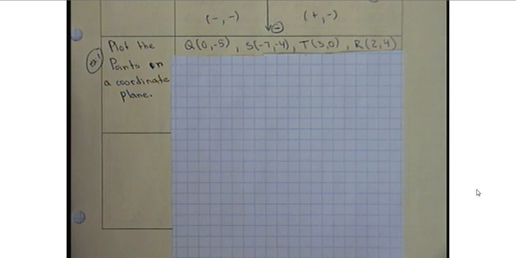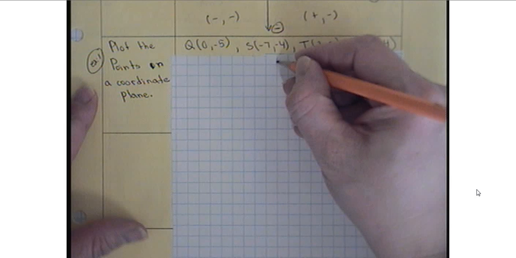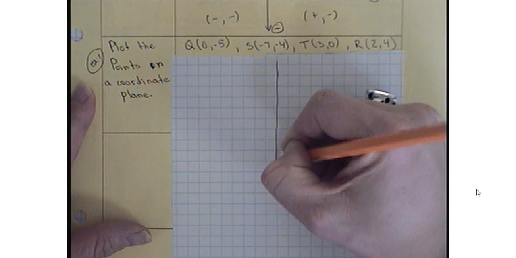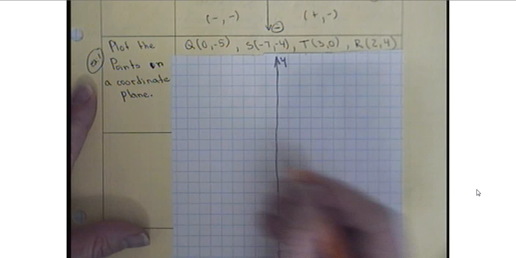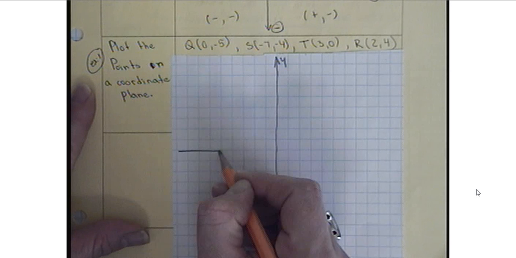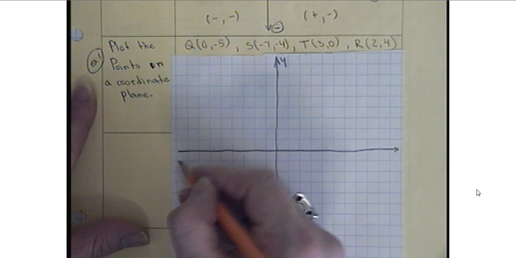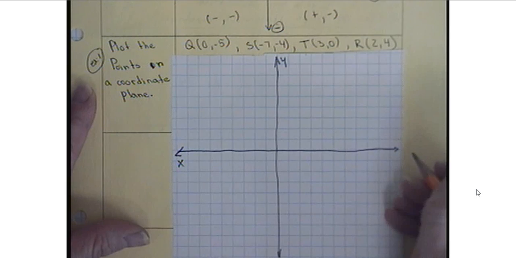Always, before we begin with graphing, you have to have your x and y coordinates written down or drawn. So I'm going to begin and I will say this will be my y coordinate, and this right in the middle will be my x coordinate. Okay, so this is x and y.